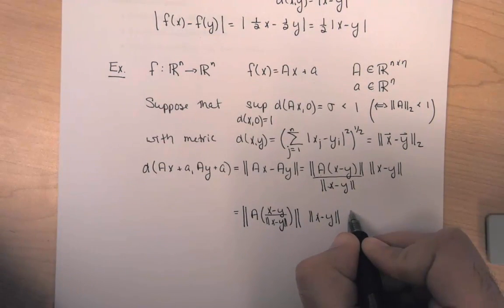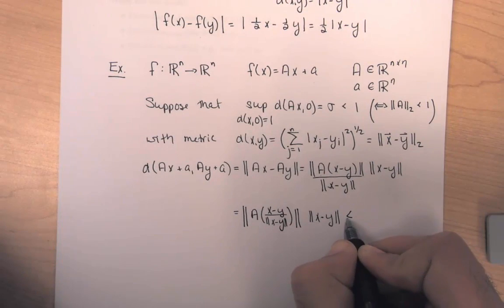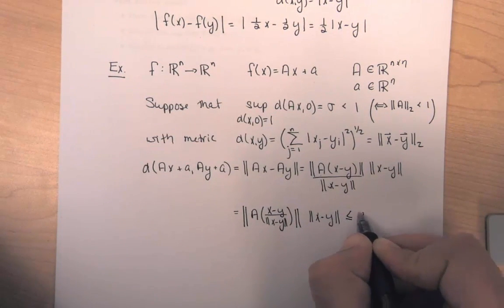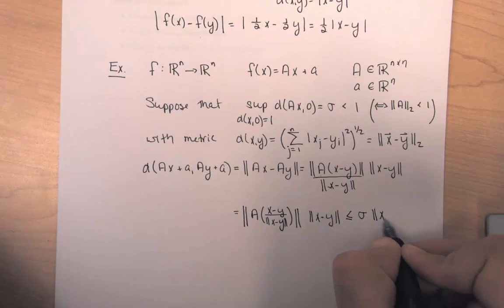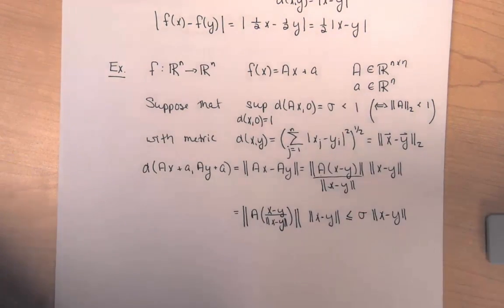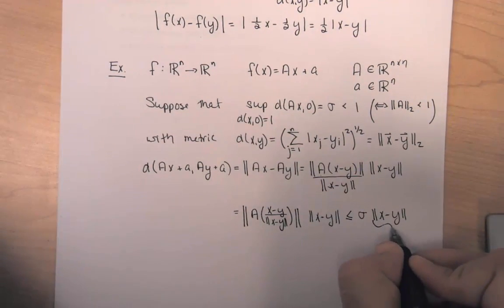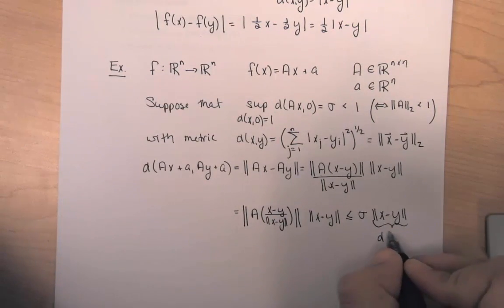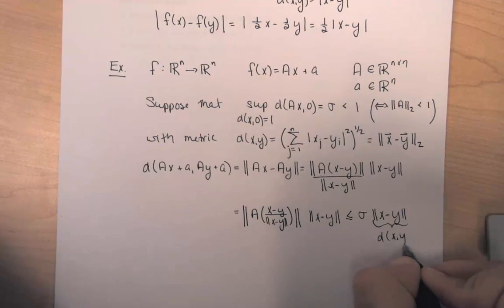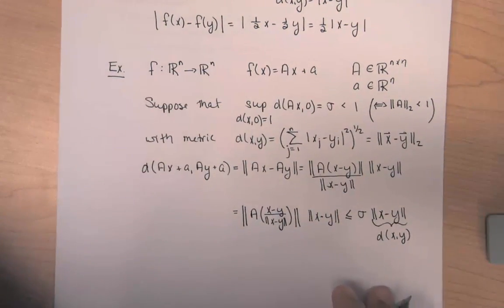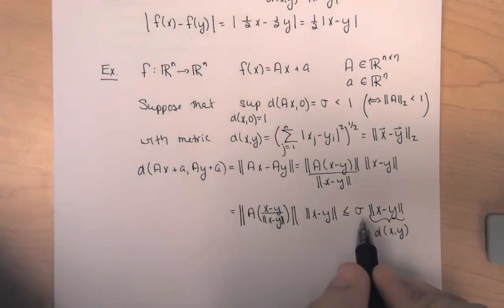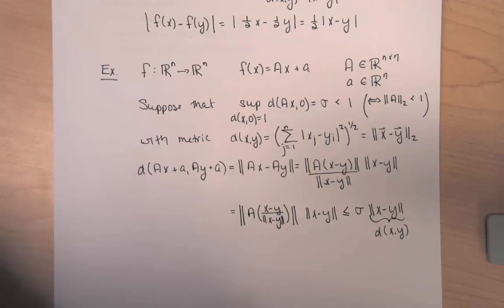So then this is less than or equal to sigma times the distance from x minus y. Notice that this is just the distance between x and y. And we have satisfied our definition of a contraction because sigma is strictly less than 1, and it is, of course, greater than or equal to 0.